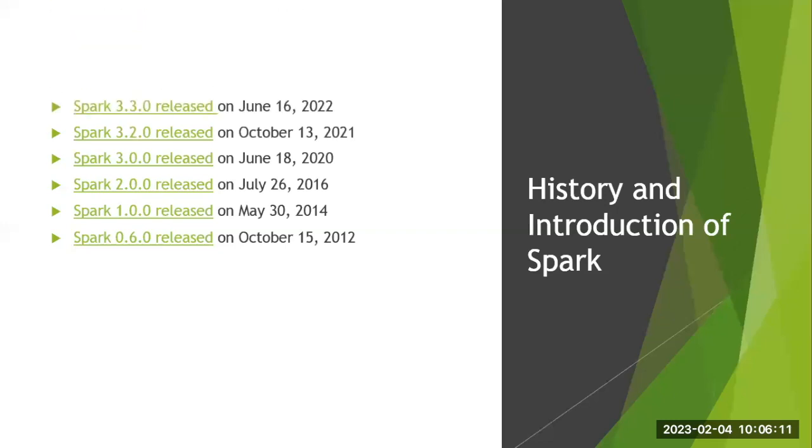When I made this presentation last time, it was Spark 3.3. I guess 3.3 is the latest version. After that I think no release has come, but you can check once and confirm it.